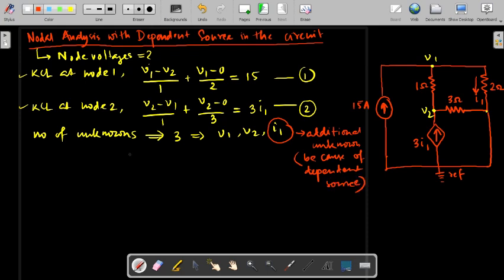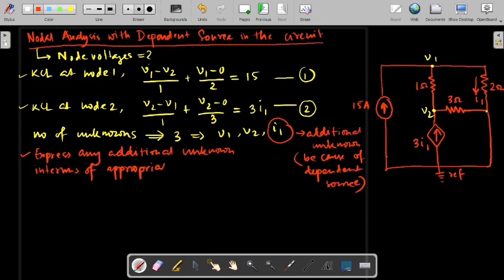So now what is the statement that we can give for that? Express any additional unknown in terms of appropriate node voltages.